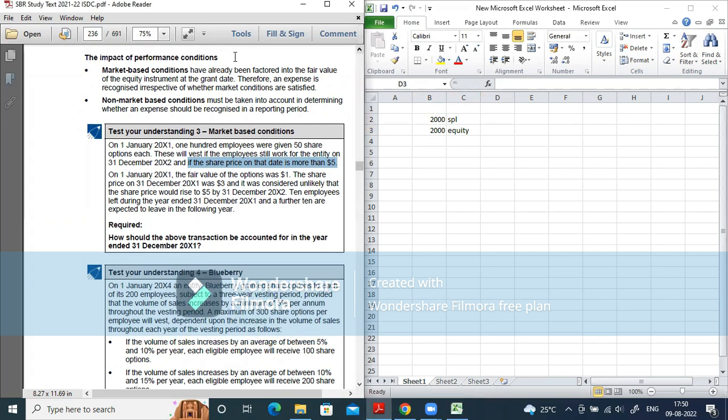The same point is mentioned here: market-based conditions have already been factored into the fair value of the equity instrument at the grant date. Therefore an expense is recognized irrespective of whether the market conditions are satisfied or not. So this point you need to remember. If possible, please make a note of it. Very important.